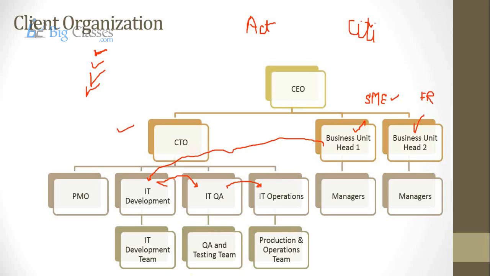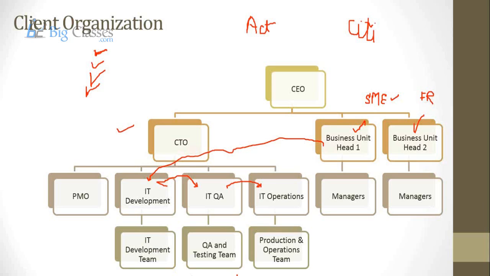Okay. So these would be the typical roles, right? And we'll get into the details, what functional requirements are, how do you interact with the SMEs to get to the functional requirements, and what non-functional requirements are, how do you get them from the rest of the teams. You'll understand that through the course, right?